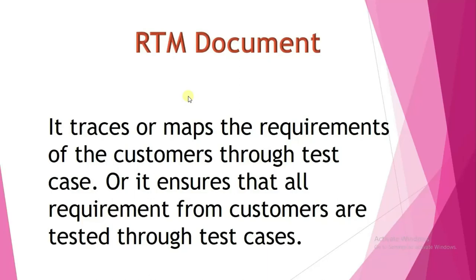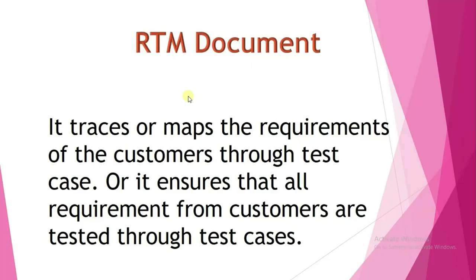So we ensure how much progress we have made on the client requirements, and how much of the client requirements we cover using test cases. This document indicates how much of the client requirements is completed. This is a very important document in ETL testing, because the interviewer may ask you what the RTM document is. So we can say this.